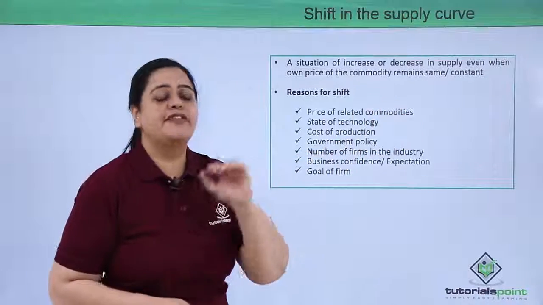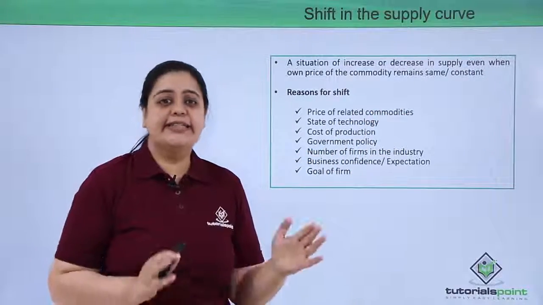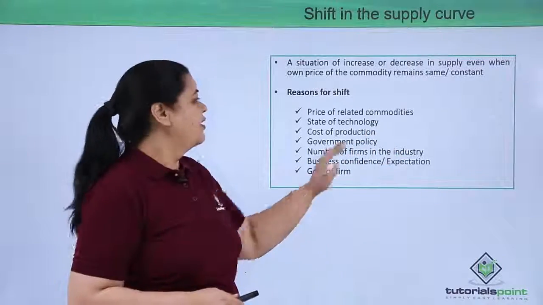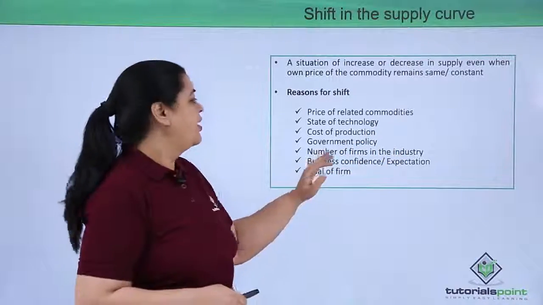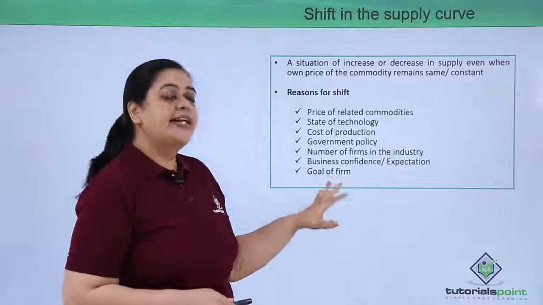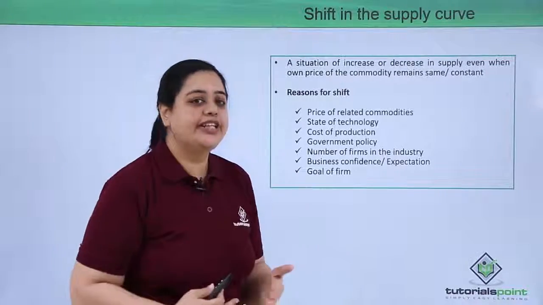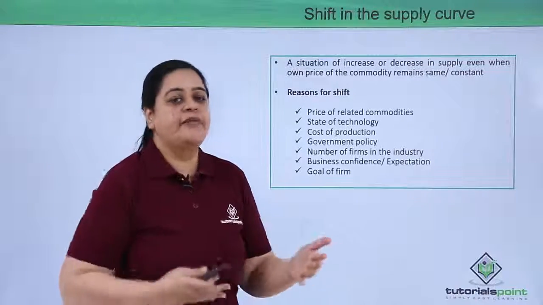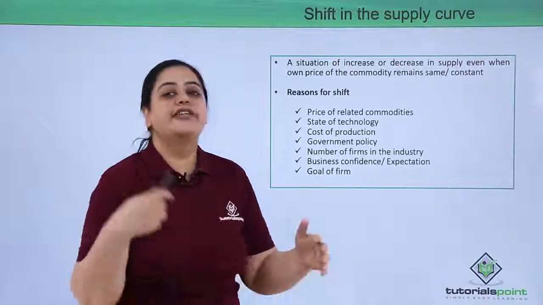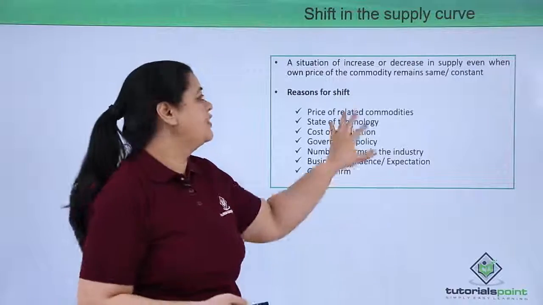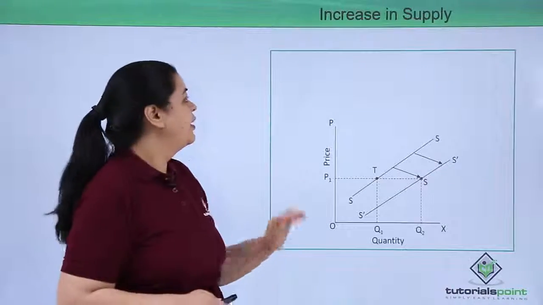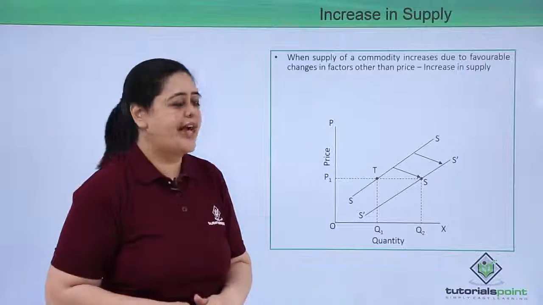This could be because of the increase or decrease in the price of related commodities, state of technology, cost of production, government policy, the number of firms if they increase or decrease, the business confidence if it gets better or maybe it gets worse, or the goal of the firm changes. So, these factors result in shift in supply curve. Let us see how the shift happens.